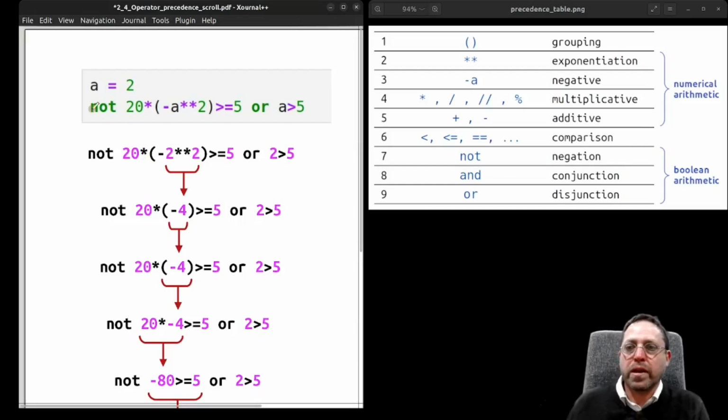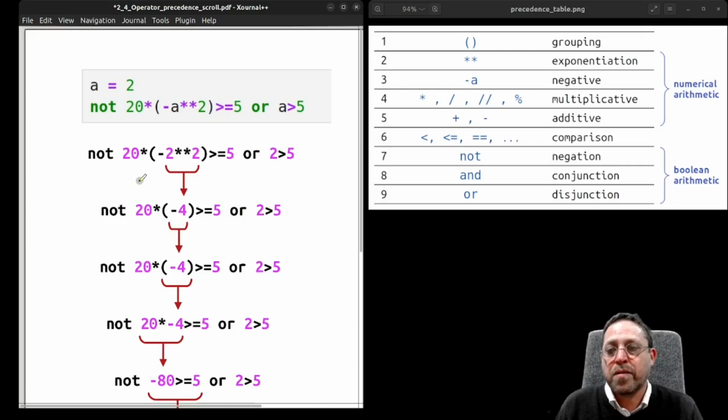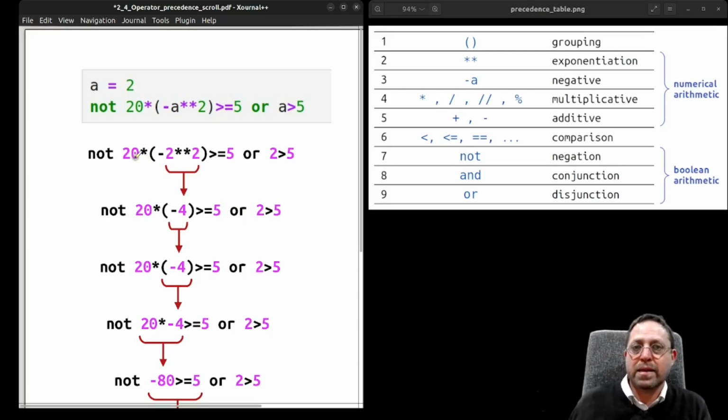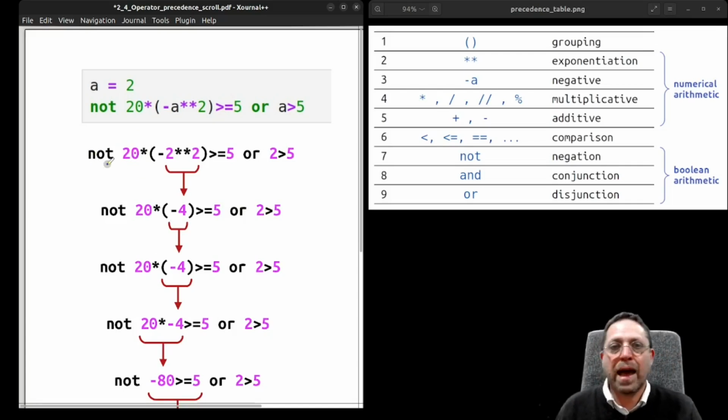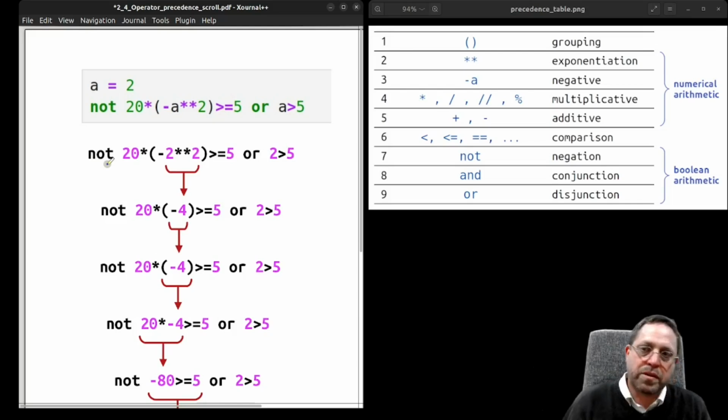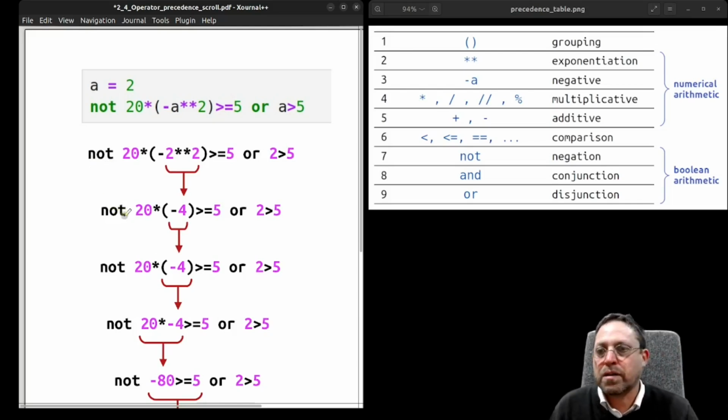Okay, so here's our code. And what we're going to do next is, in a sense, get into the mind of the interpreter and see how it evaluates this expression step by step. I have color-coded things here so that what is in pink is items that are already resolved, and what is in black are items that are yet to be resolved. So let's see how this goes.